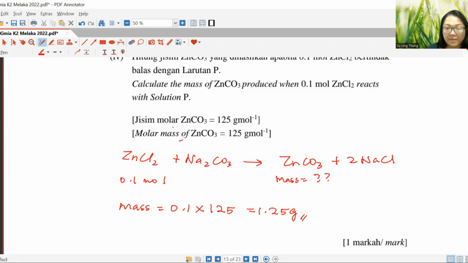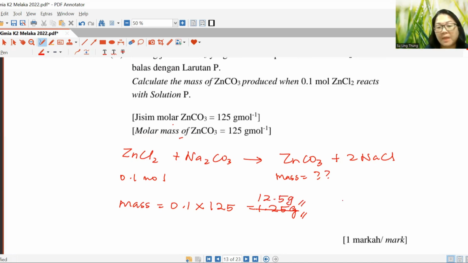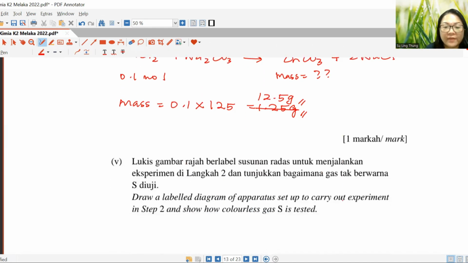You see how we depend on calculator nowadays. 12.5 grams.